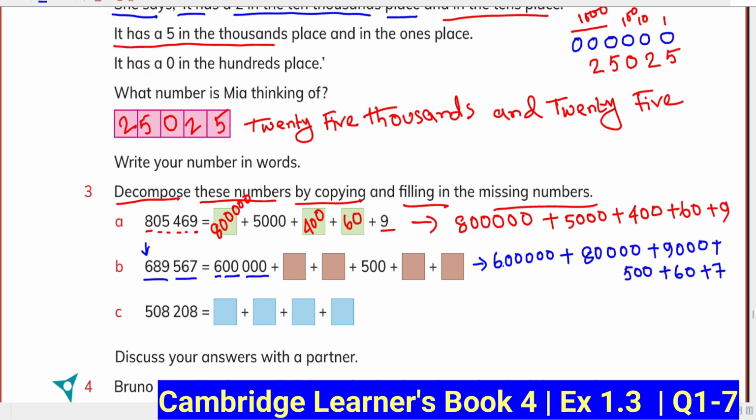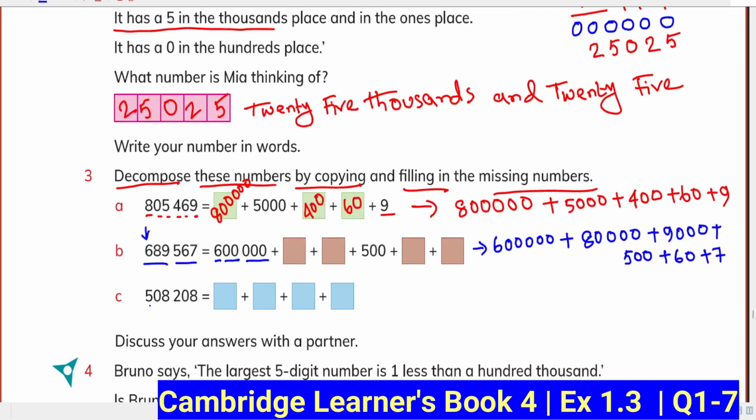Okay, so what about number C? So C, first 1 2 3 4 5, it means 5 digits. It's 500,000, right?